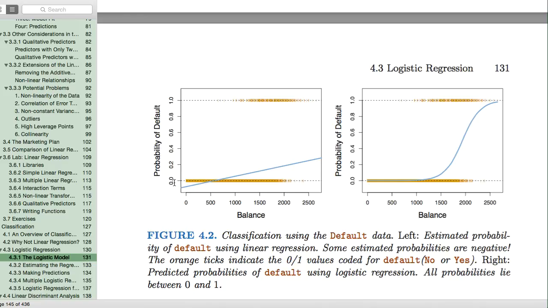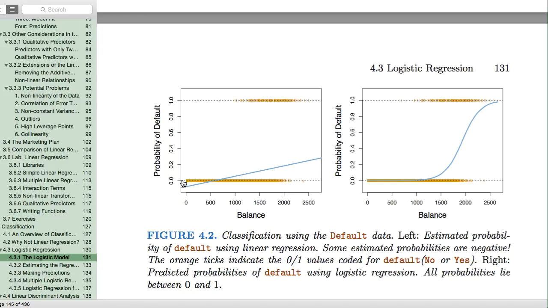there's a negative probability that person will default. And if we extended this line up, we would eventually find some value where the probability is greater than 1.0. This is the probability of default, so greater than 1.0 probability of default or less than 0 probability of default.